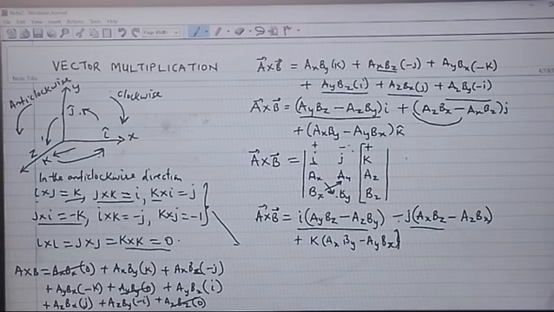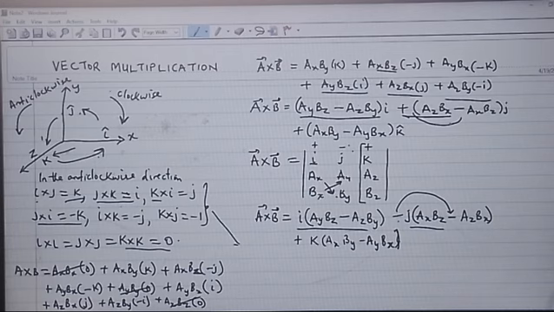While this positive sign and this positive sign, this negative sign and this negative sign will give you a positive sign, which is what you can see represented here. So you look at it carefully, you discover that both equations are exactly the same. So it is more advisable to use the determinant notation to find the cross product of two vectors.